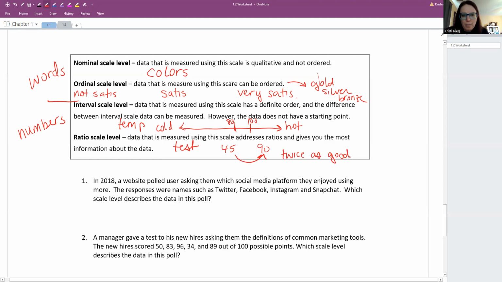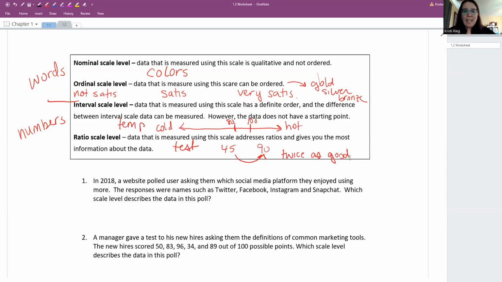That means something. But saying, oh, it's 2 times hotter yesterday than it was, I don't know, in Alaska, that doesn't really, nobody says that, doesn't really mean anything. So we can't really compare that ratio between 2 items.